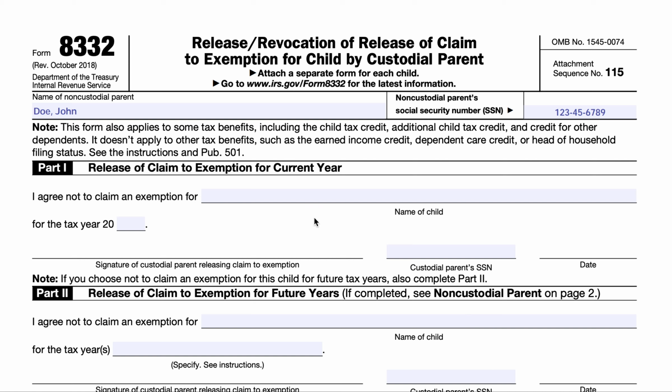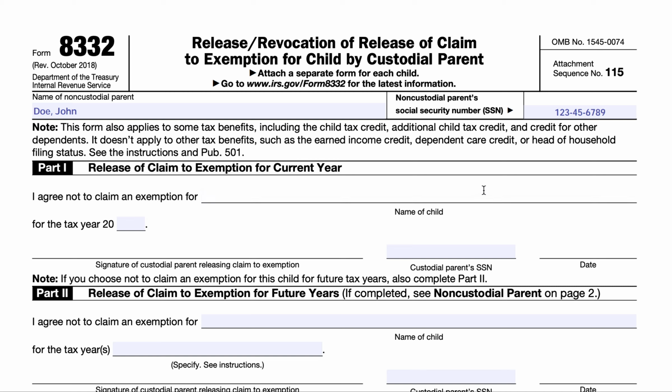The first option is that the custodial parent can transfer the exemption for their child for the current tax year. So basically in this situation, what would happen is John Doe's name and social security number would go at the top of the form.